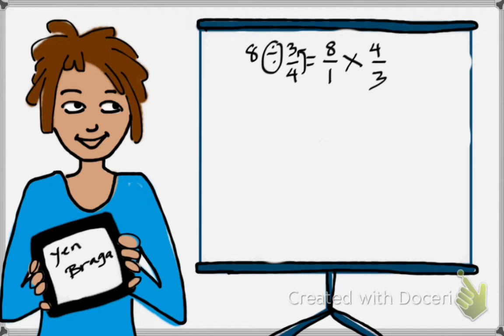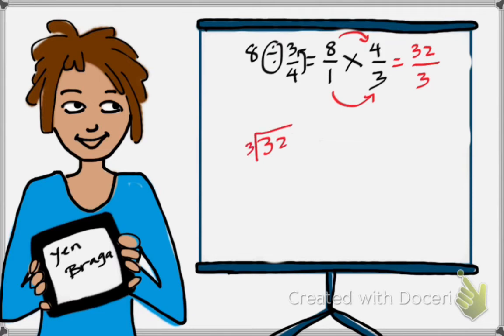Now we can multiply the numerators. So 8 times 4 equals 32. And multiply the denominators. 1 times 3 equals 3. Now we have our answer, 32 over 3. So we can simplify 32 over 3. Let's divide here, 32 divided by 3.